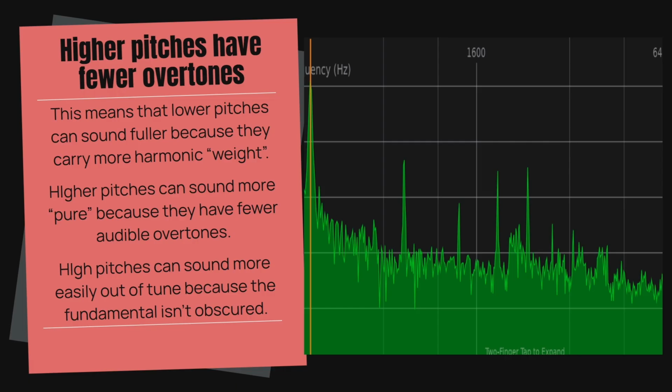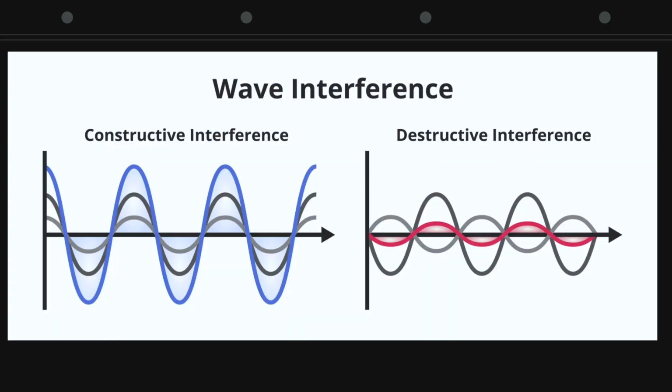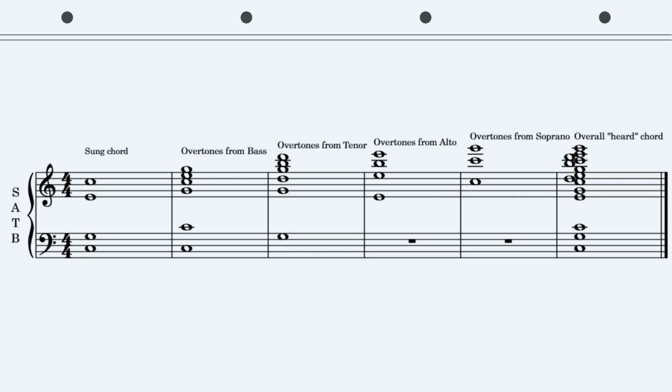Okay, so I mentioned earlier, let me scroll back here. This guy, right? I said the overtones from the soprano, I kind of stopped them because we just don't have as much energy in our high overtones in our high notes as we do in our low notes.